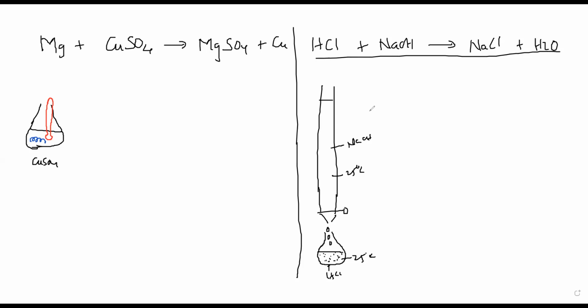But whose temperature will increase? NaOH's or HCl's? The HCl, the reaction mixture, the solution in the conical flask. So now this is increasing. As I'm adding more and more NaOH, more and more reaction happens and more heat is given out, so the temperature is rising.